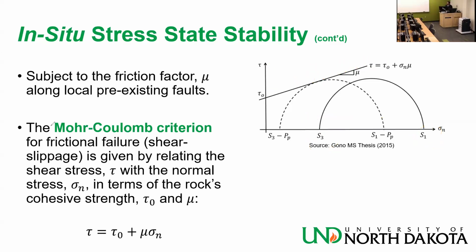Anybody who's doing induced seismicity work, which is when we do saltwater disposal and increase the pore pressure too much and then we get failure, they mostly use Coulomb criteria for that. There are some other more complicated ones.